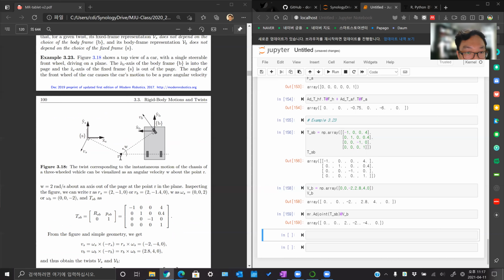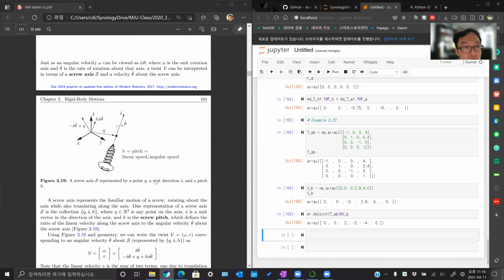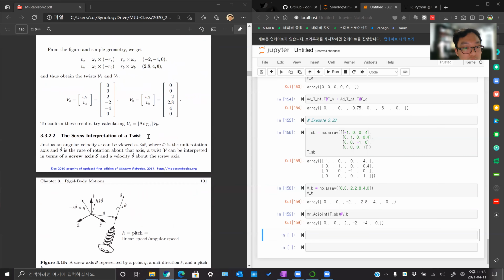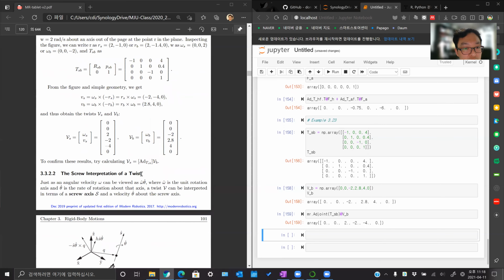So this is a kind of screw axis, and using this screw motion, this rigid body goes this way. So when we describe the motion of this one, we can simply use the screw motion. So this one came out before we learned about the screw interpretation of twist.